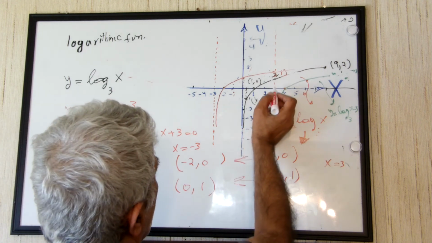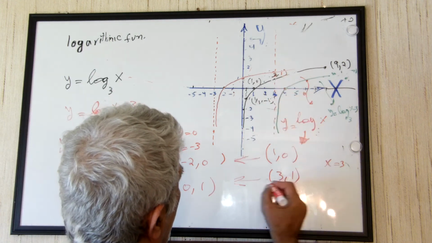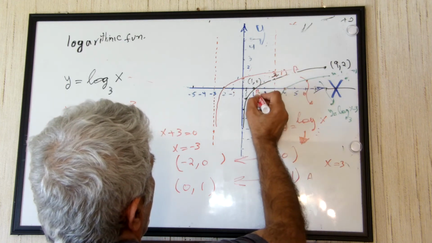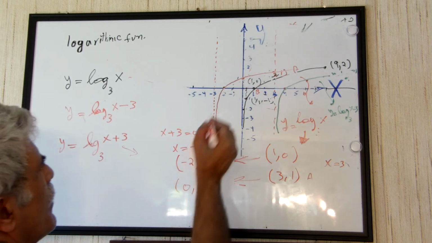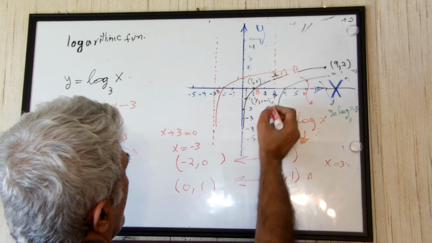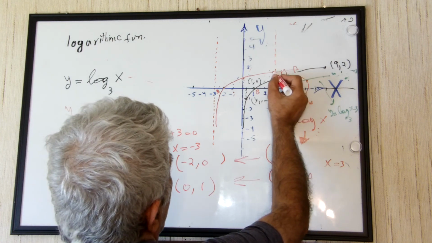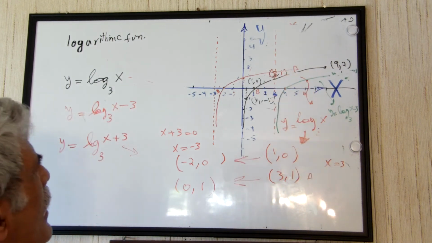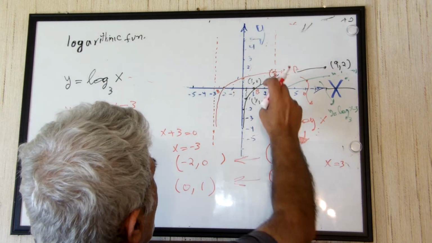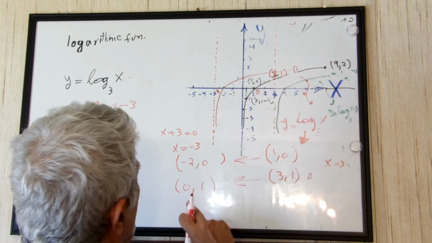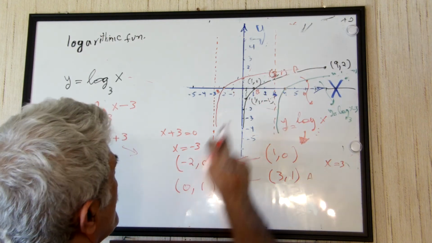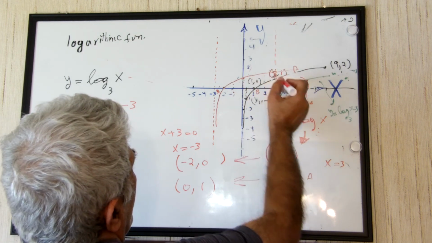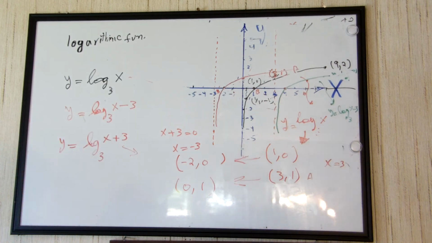We choose these 2 points, point A and point B, and B prime is here. 3 minus 3 is going to be 0, and this point is going to be 1.